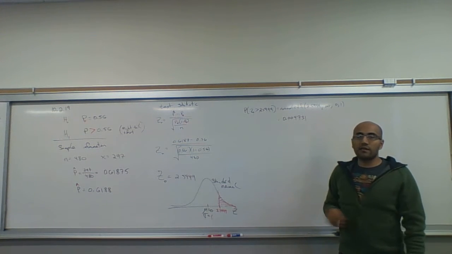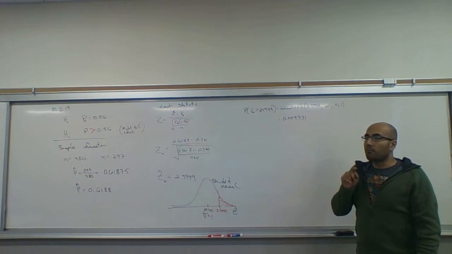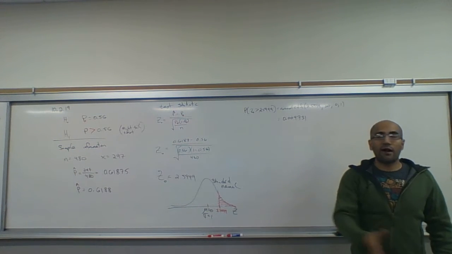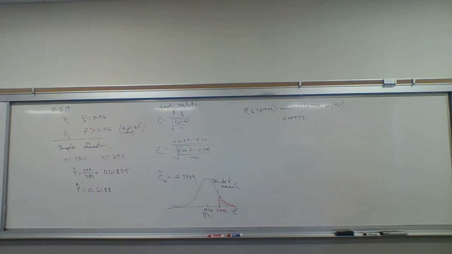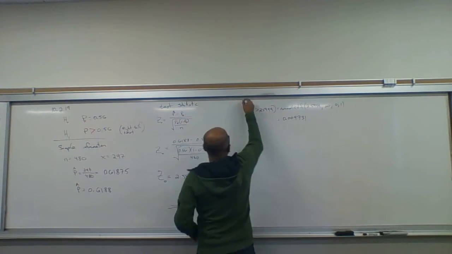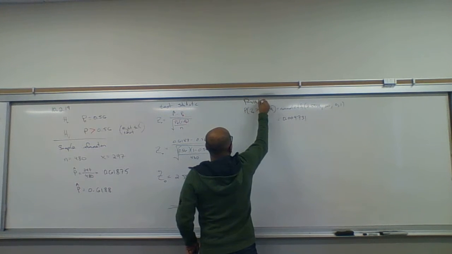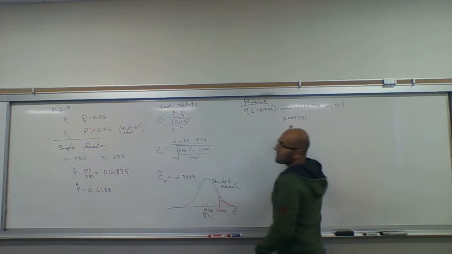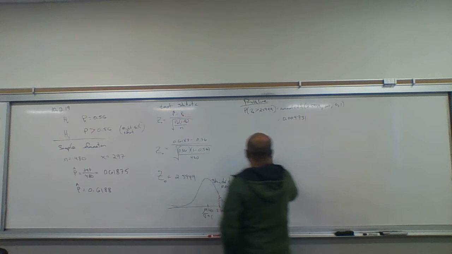What we have found is what we call the p-value. The p-value is the probability of getting this kind of a result under the assumption that the null hypothesis is true. This is what we call the p-value. So our conclusion is this.